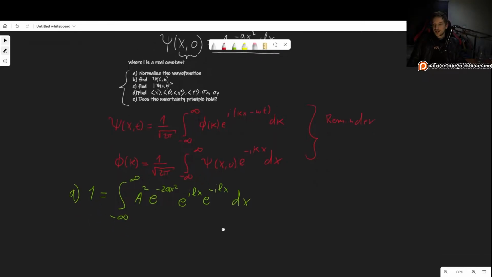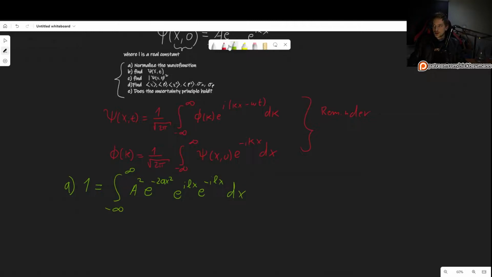So in this case, as we can see, the complex parts cancel out, and we end up with exactly the same thing that we had in problem 2.22. So we get A squared times this Gaussian integral, e to the minus 2ax squared. And this, as we have seen a few times, is the square root of pi over 2a.